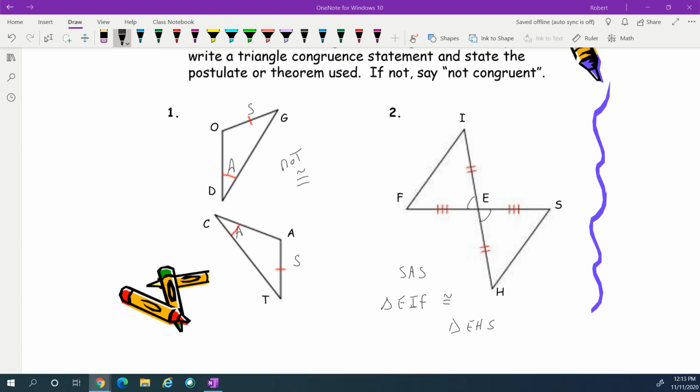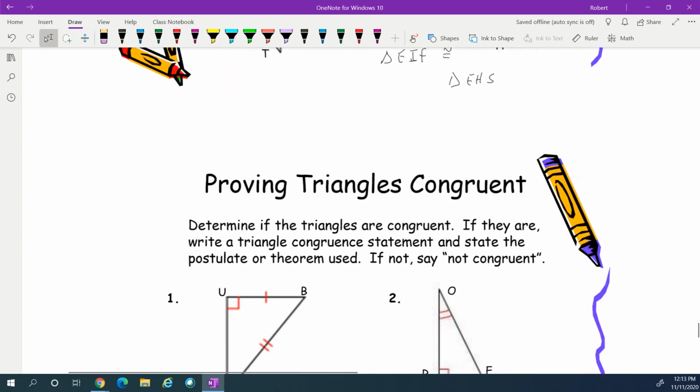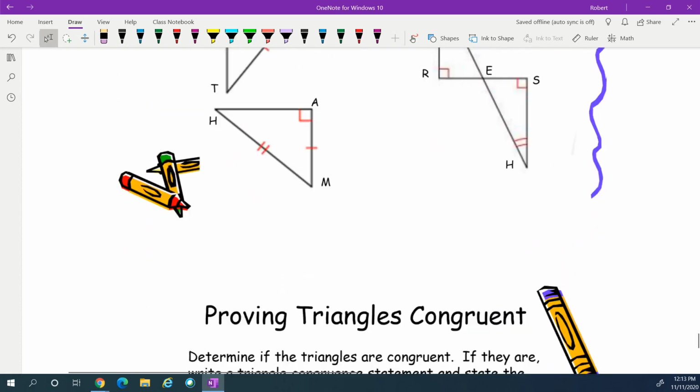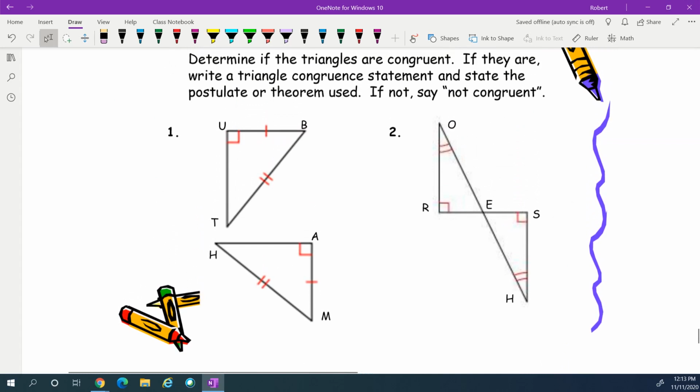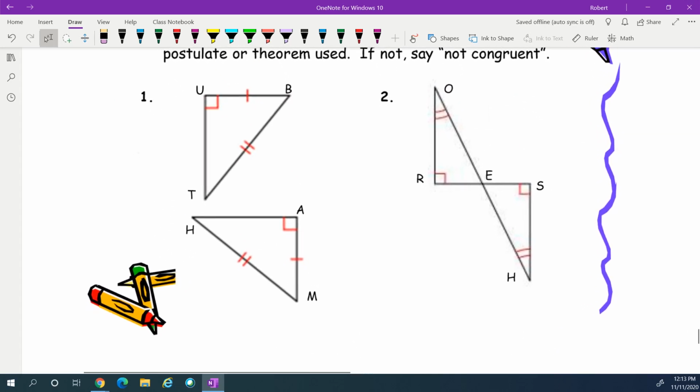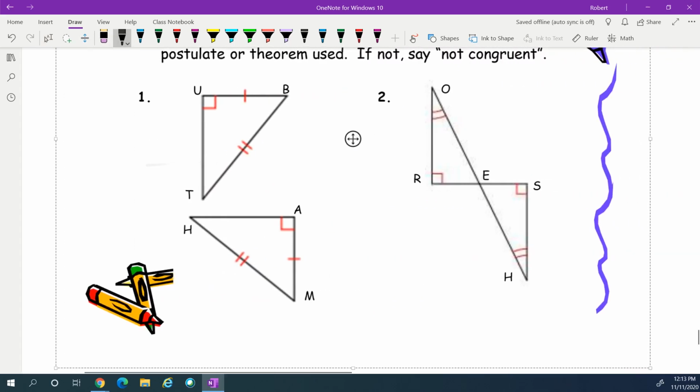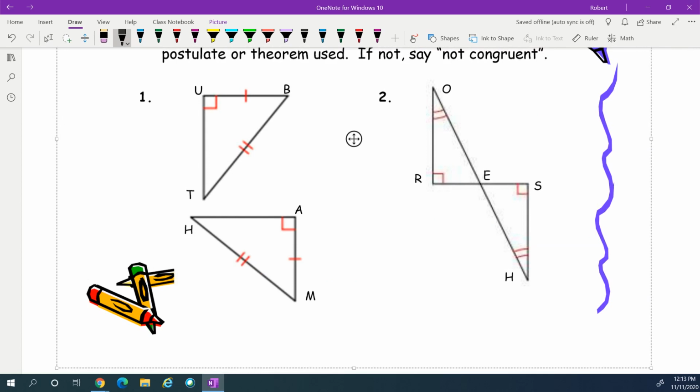So let's see if we have any more here. Okay, all right. Yeah, we'll do these two. So let's see. In our first triangle, it looks like we have a side 1 matches side 1, side 2 matches side 2, and we do have an angle that matches.